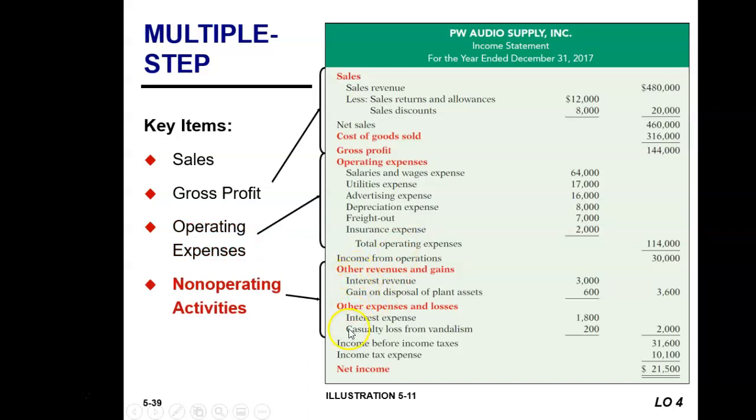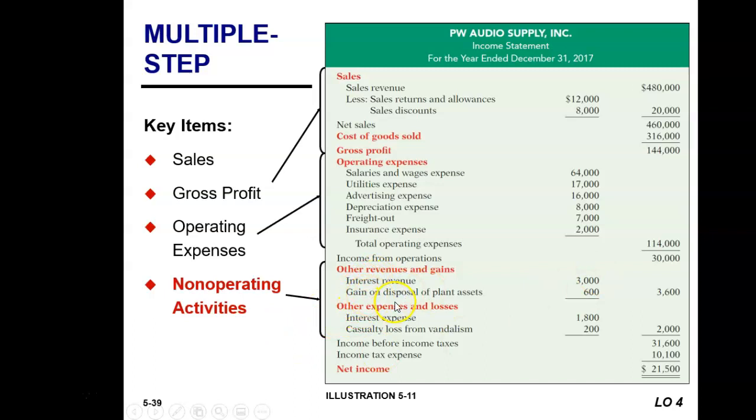This next category we call non-operating activity. Again, these are revenues and gains, expenses and losses from a source other than our principal business activity. So notice that we have interest revenue, which will qualify as being other revenue.